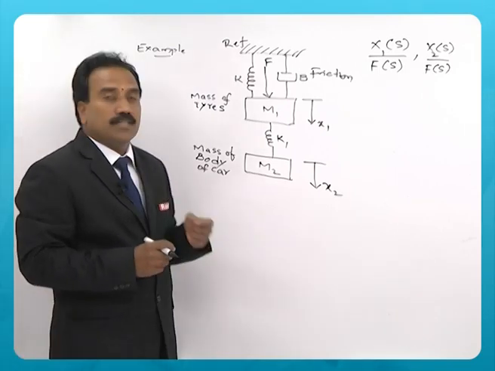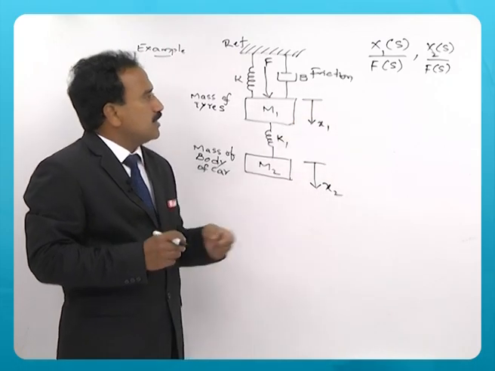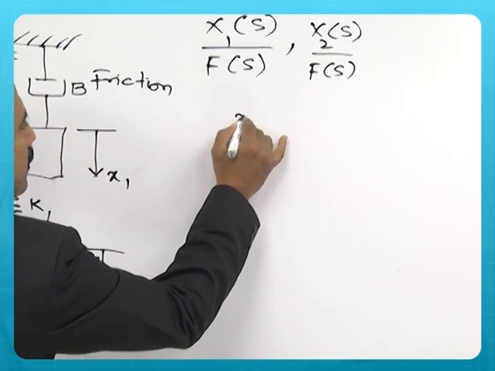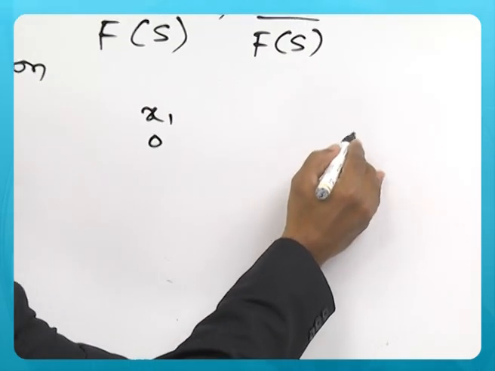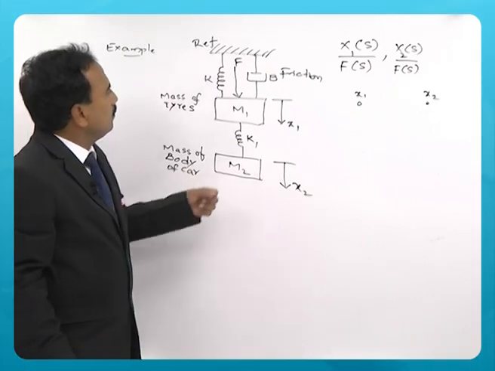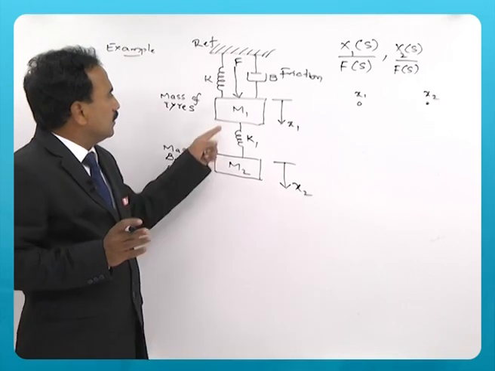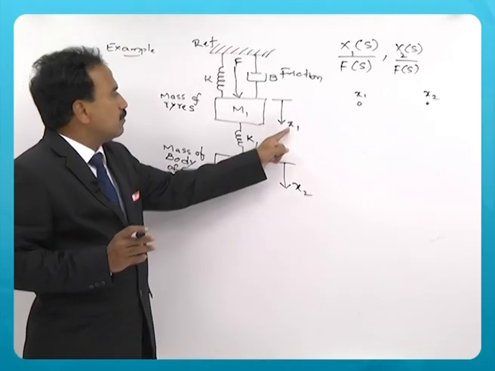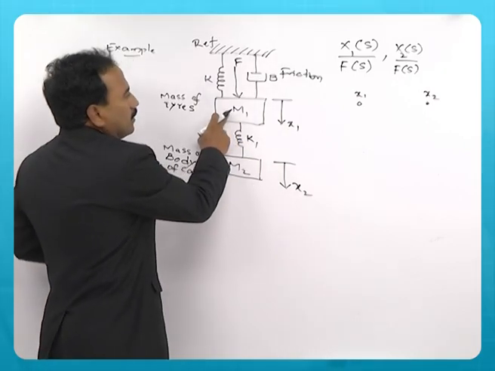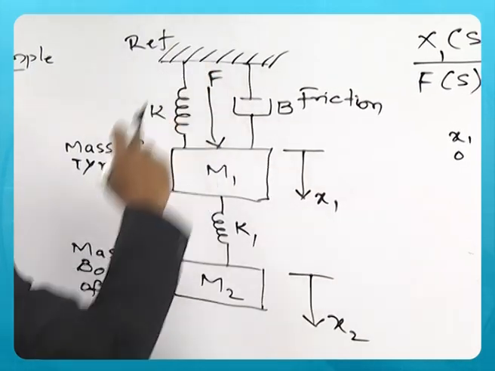What is that mechanical circuit diagram? Here you have two displacements x1 and x2. Let us indicate x1 and x2, and you call them two nodes. Now, what are the components associated with mass 1 or displacement x1? This mass 1 is connected to the node x1 and then ground.